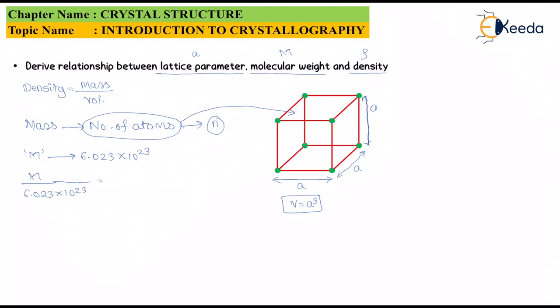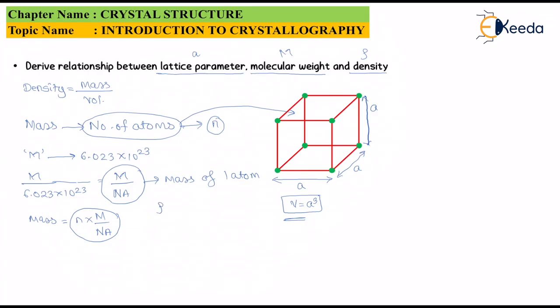This number is nothing but Avogadro's number, which we represent as Na. So, M upon Na is the mass of one atom. So, considering n atoms in a unit cell, the total mass of the unit cell would be n times M upon Na.